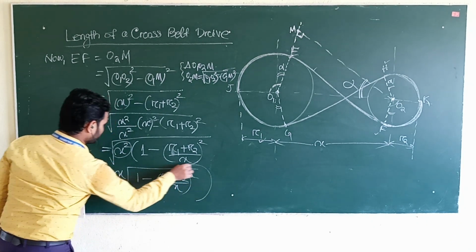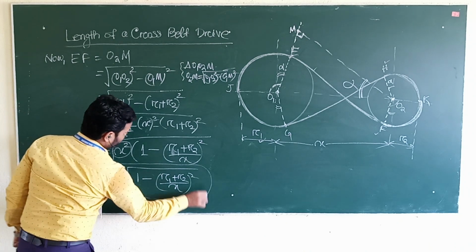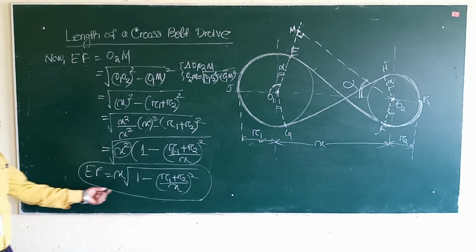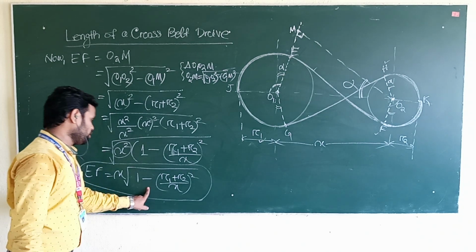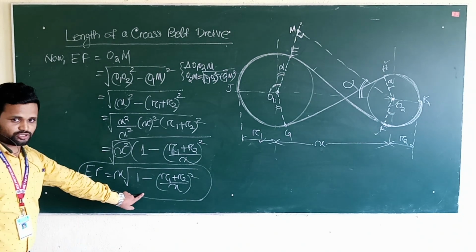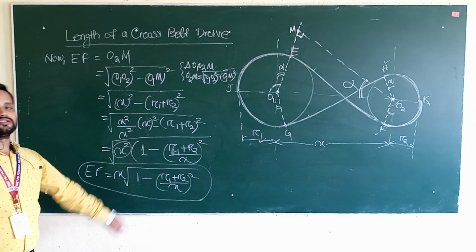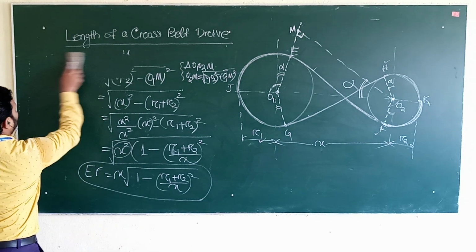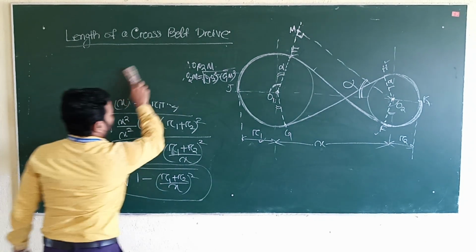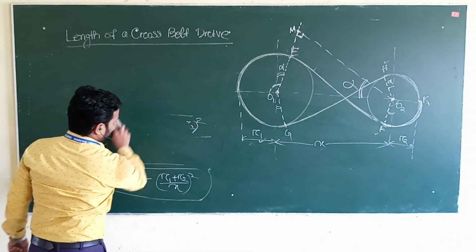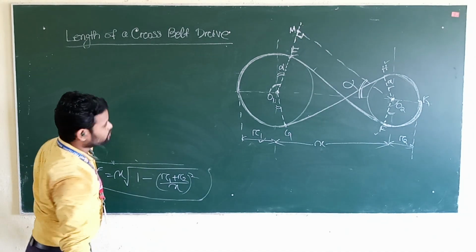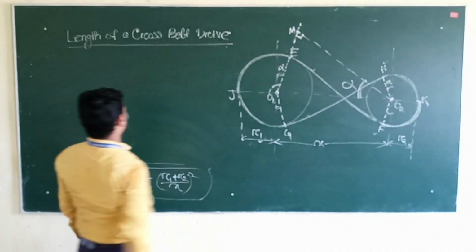As it is a very difficult value and we cannot put this value in equation 1, we have to make it simpler. So in order to make this simpler, we expand this equation by using the binomial theorem.